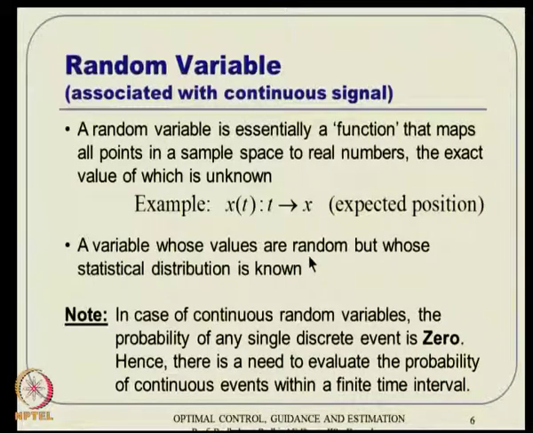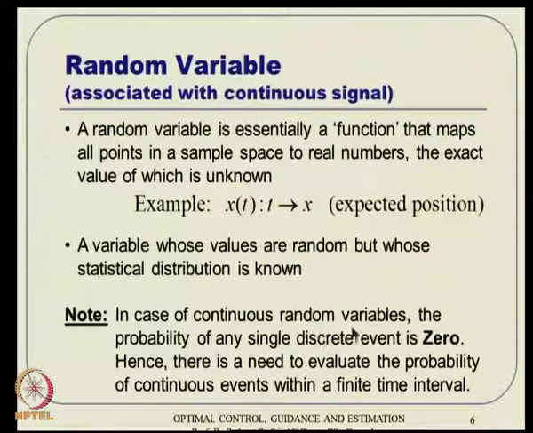Also remember that any random variable cannot be purely random in that sense. We have to talk about some sort of statistical distribution associated with it. We will talk about that in a while. That is called the probability density function and things like that. Those things are known, but the exact value that comes out in each experiment is typically unknown.